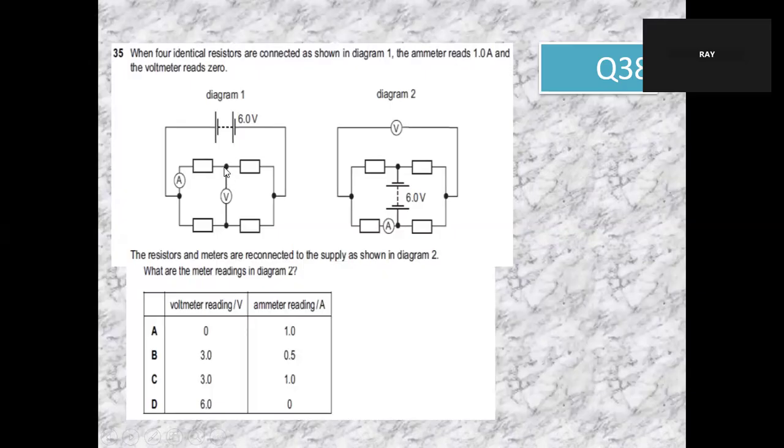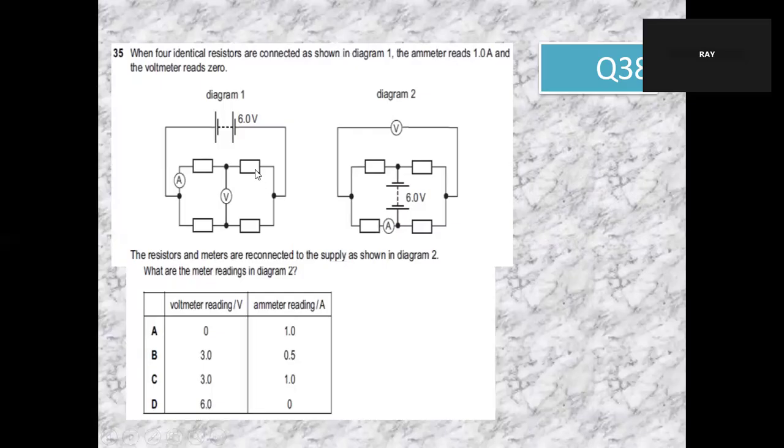So it means that the potential across here and across here, you subtract, there's balance, no current flowing through here. They are the same potential difference, these two.